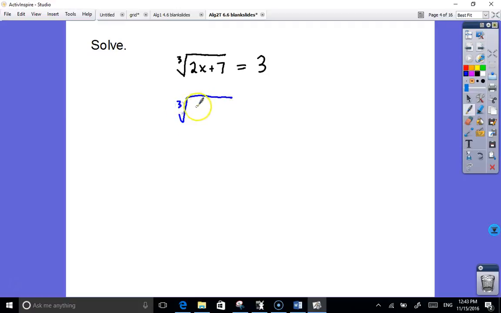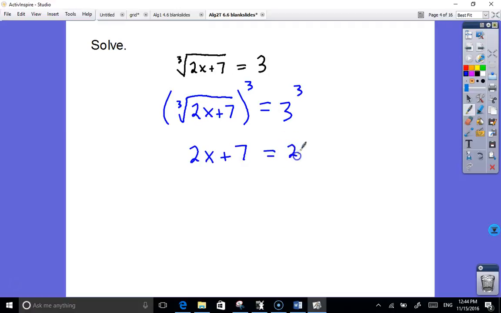The cube root of 2x plus 7, cubed, equals 3 cubed. The cube of a cube root, they cancel each other out. You just get the 2x plus 7. And 3 to the third is 27.